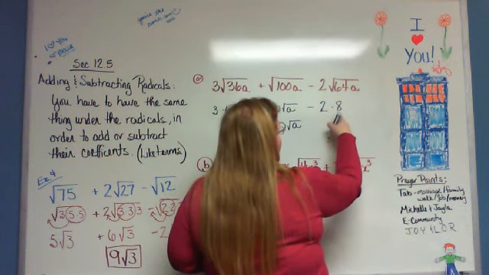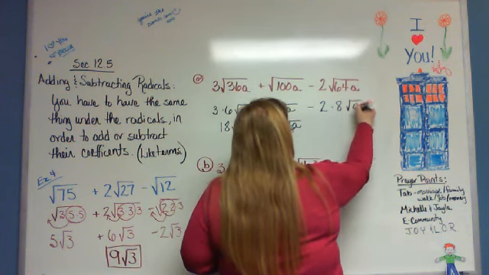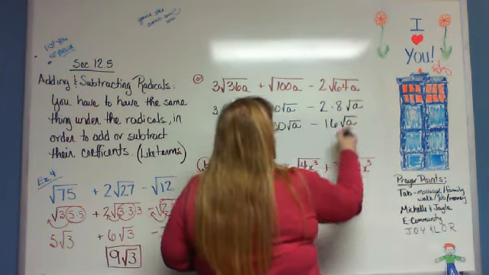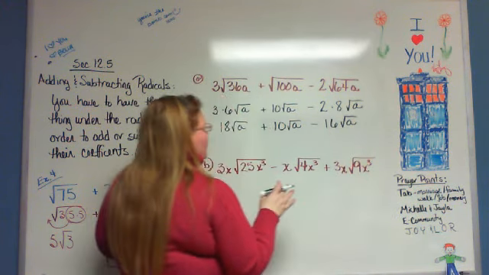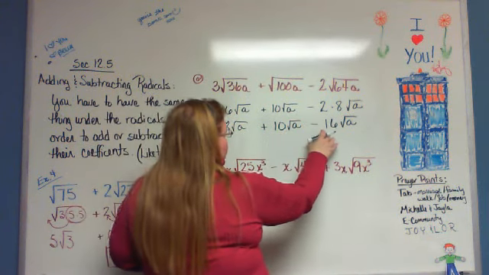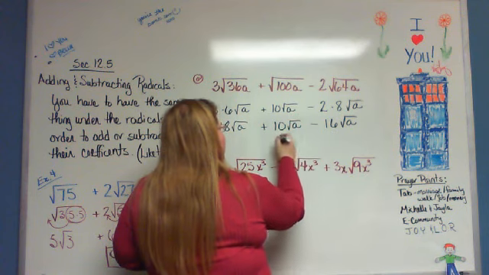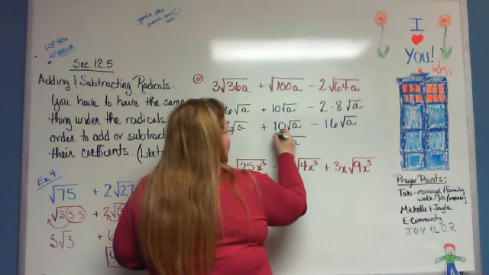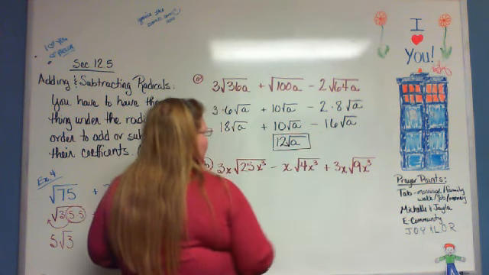So that's 2 times 8 square roots of A minus 16 square roots of A. And then you can come back and combine them. 18 plus 10 is 28, minus 16 is 12, I think. So that leaves you with 12 square roots of A.